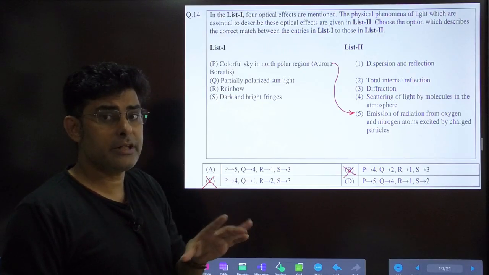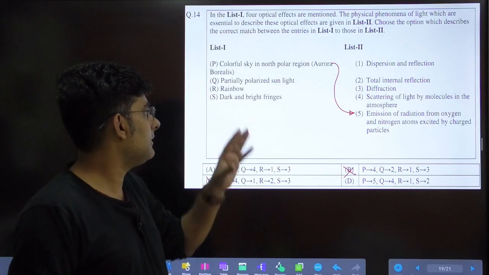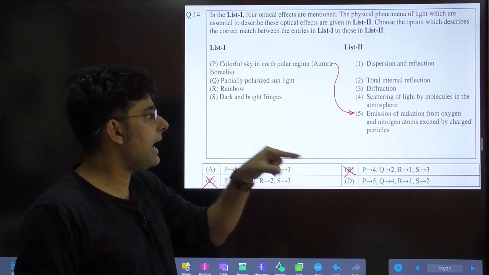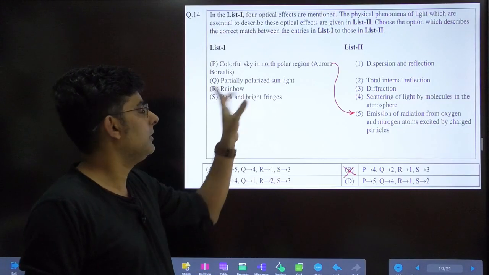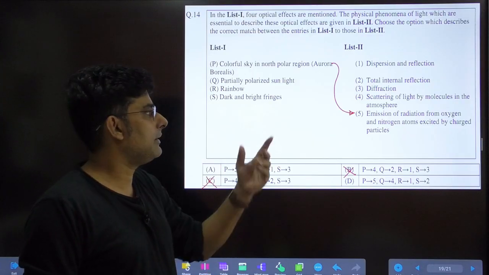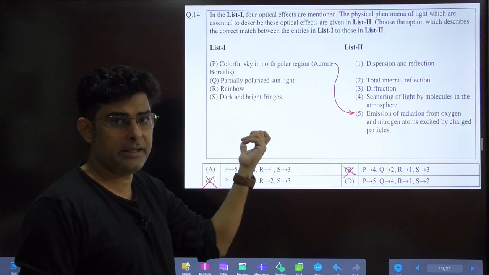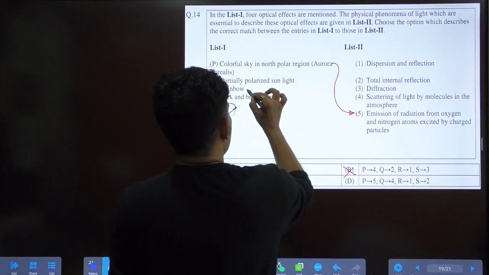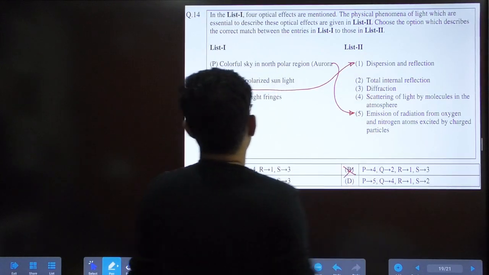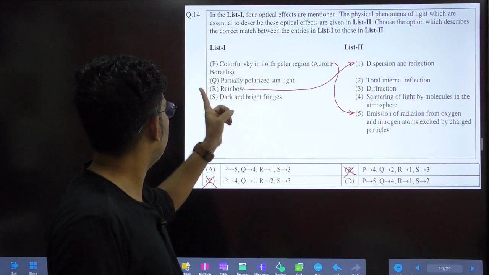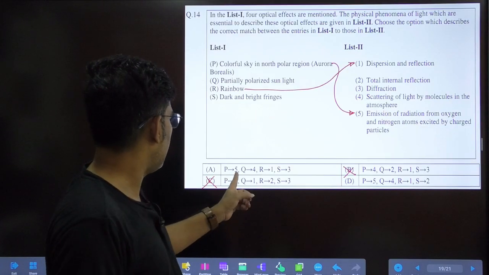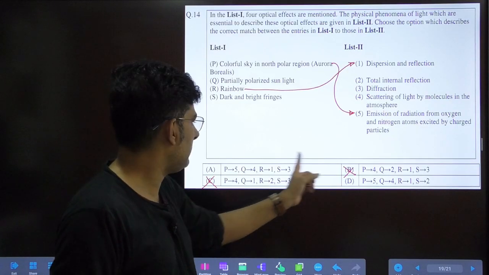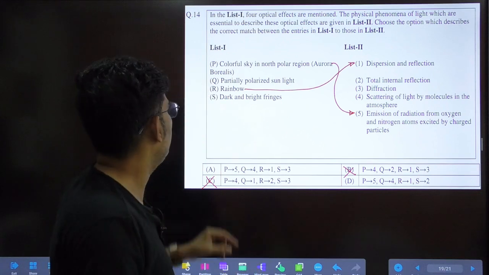But total internal reflection is not the main reason, it is mainly due to dispersion and reflection. Dispersion is the main reason for seeing a rainbow, otherwise just for TIR you won't be seeing rainbows. So for rainbow, the correct matching will be 1. So P5R1, we can see that P5R1 is in A and D both, no problem.